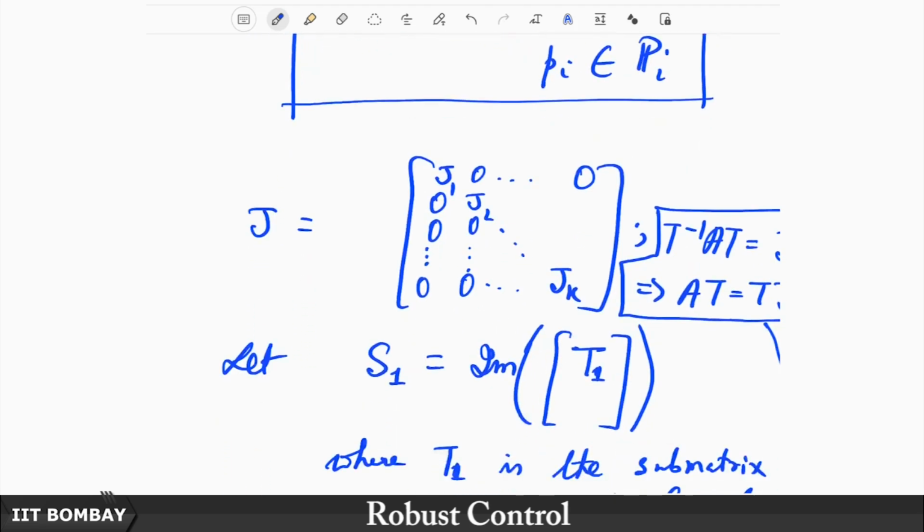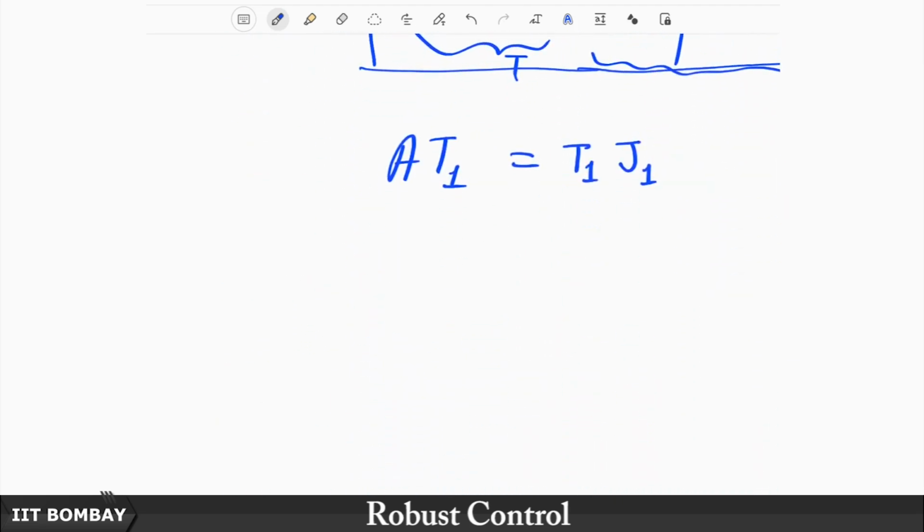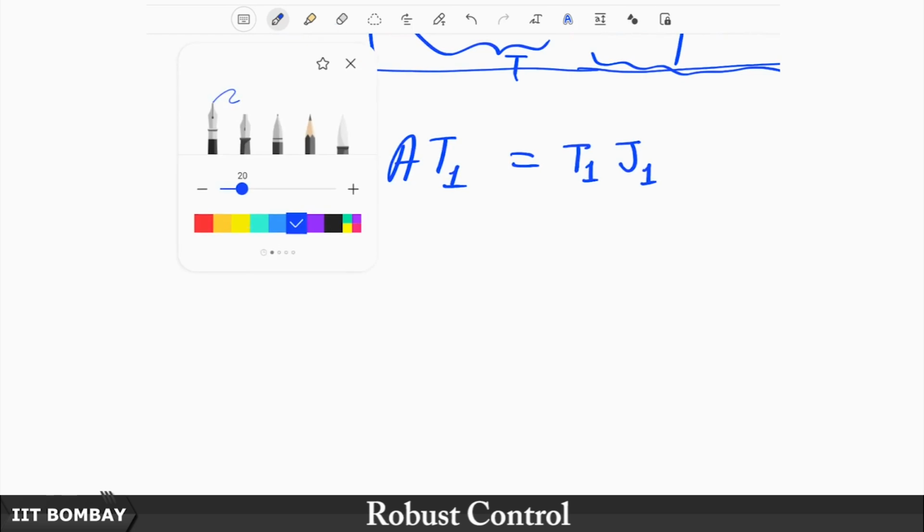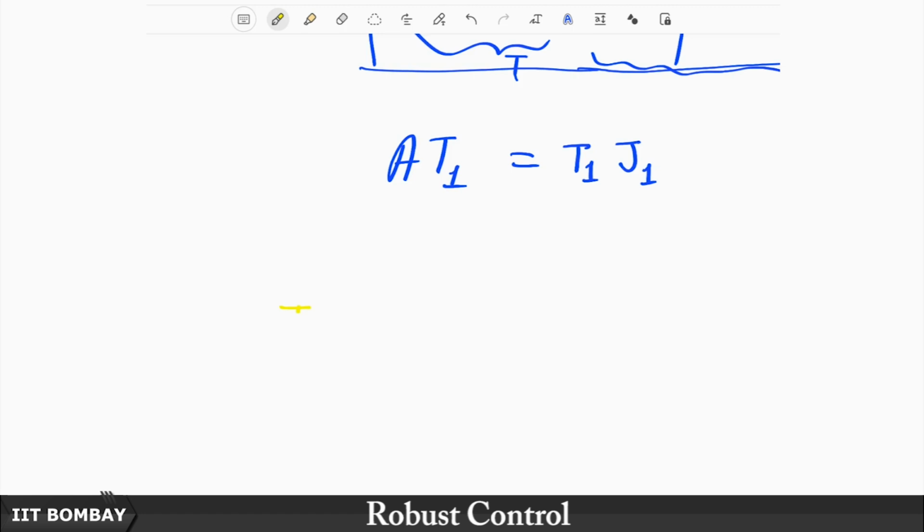Okay, let me rewrite it here to make it more transparent. Suppose you have this T1, T2 dot dot dot till Tk, I hope, right. So this is of size L1, this is of size L2, so on and so forth, this is of size Lk, right. We can always write it like this.